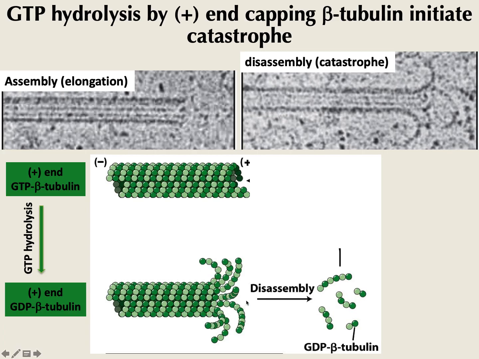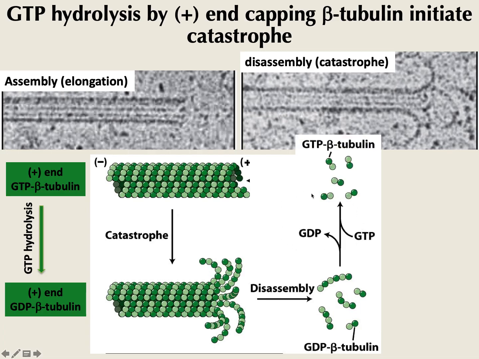So then you might wonder, what happens when you have a rescue? Well, you need to somehow chop or remove those bent protofilaments and recycle these dimers, and this is what happens here. And then you can have the reassembly. So of course, all of this is extremely regulated. I'm just showing you what happens at the level of microtubules.